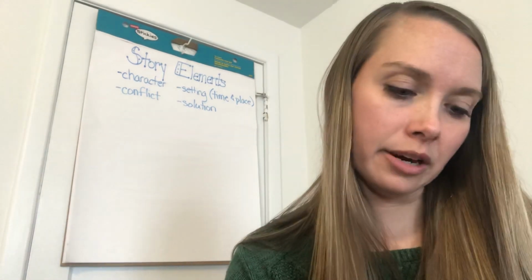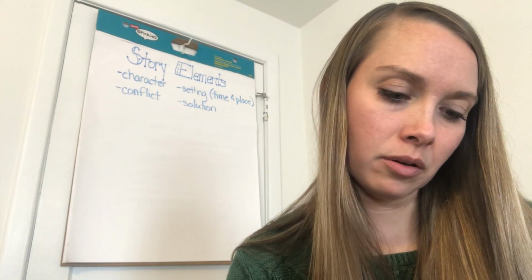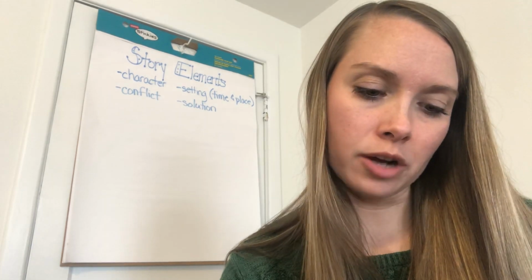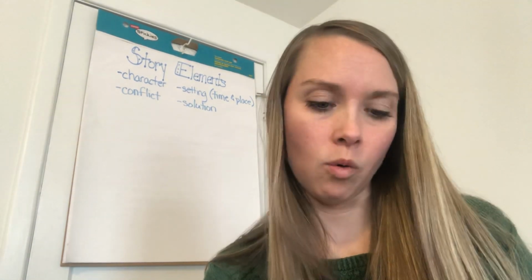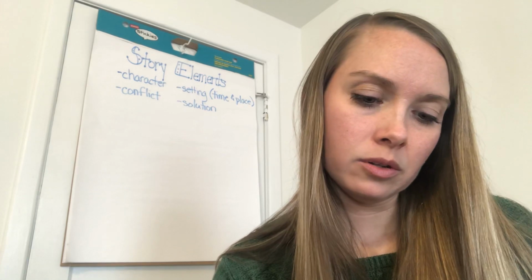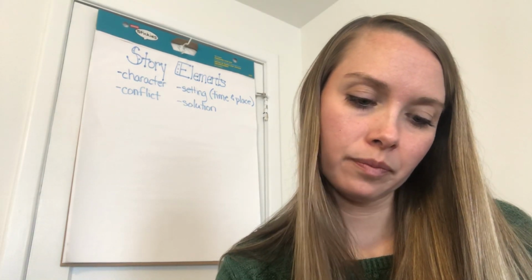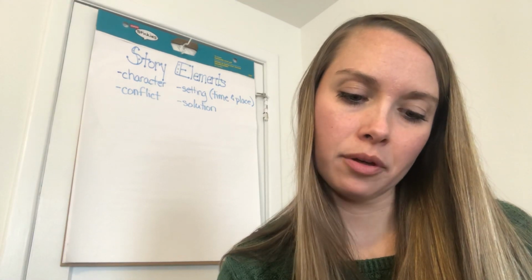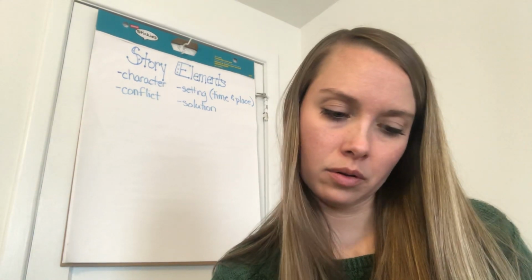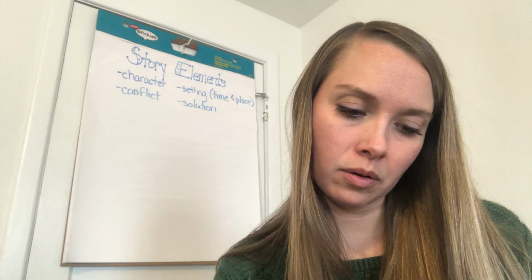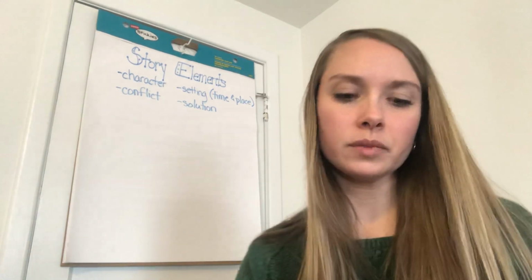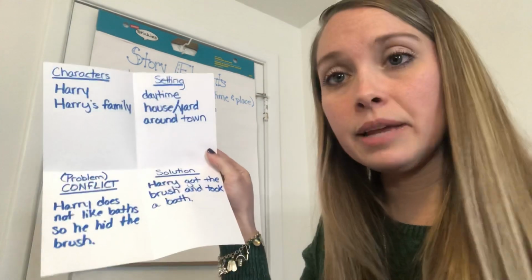So let me put that in here. Harry got the brush, because remember he had hid it. He dug a hole and buried it. So my solution is Harry got the brush and took a bath. Okay, your conflict, it might be a little bit different.